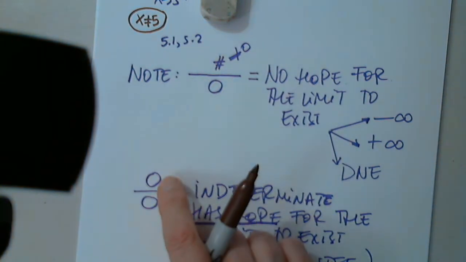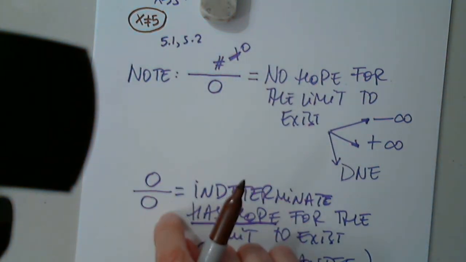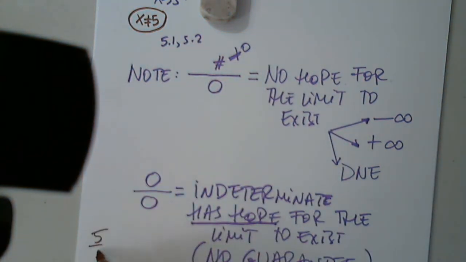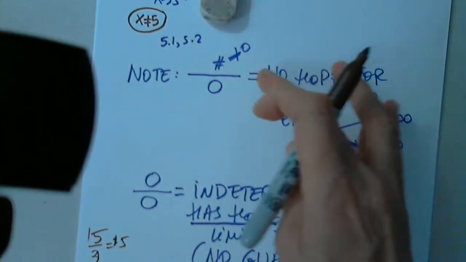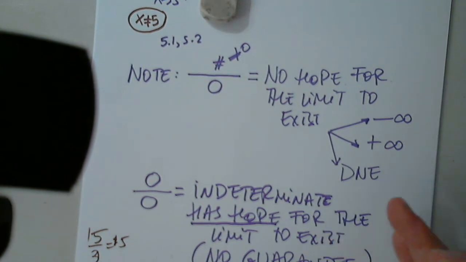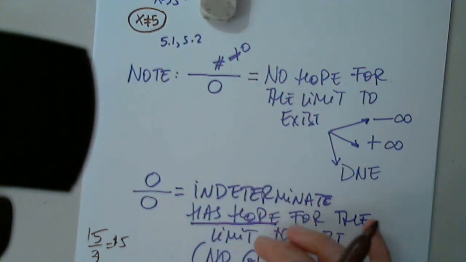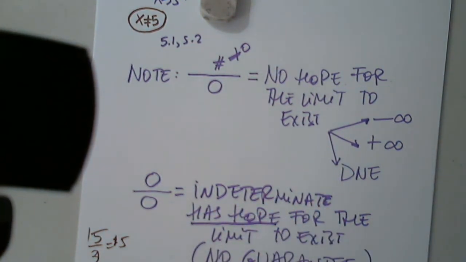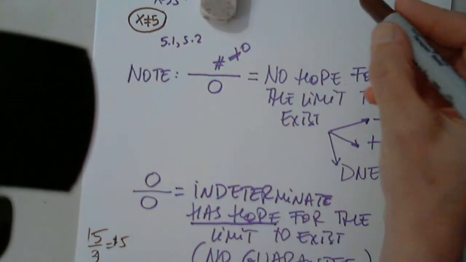So I know, is it 0 over 0? Is it 5 over 1, which is 5? Is it 15 over 1, which is 15? Is it 15 over 3, which is 5? What is it? So it can be this. I know it's no hope. It can be this, and I will learn later on in this course what to do with it. What is it? Simply 5, and I'm done. Can it be 5? Yes.